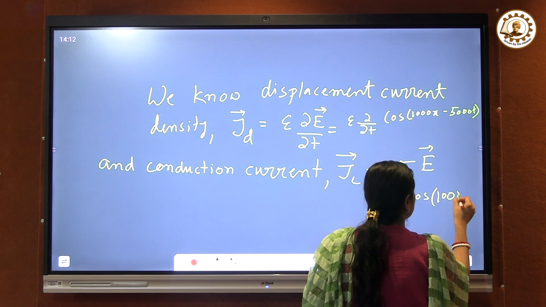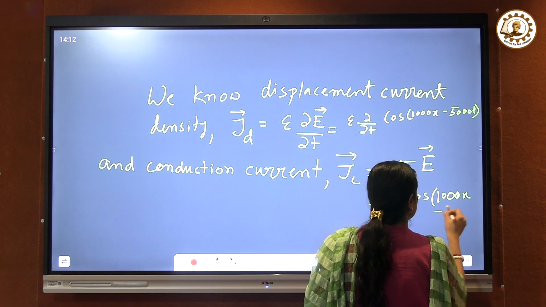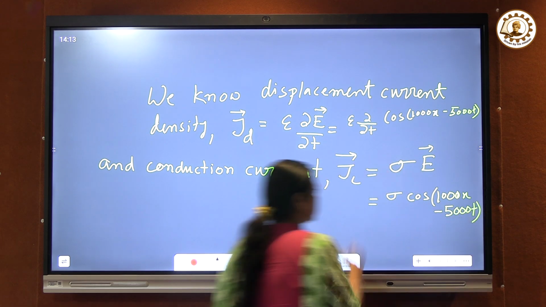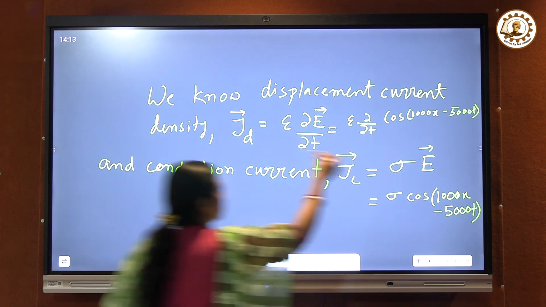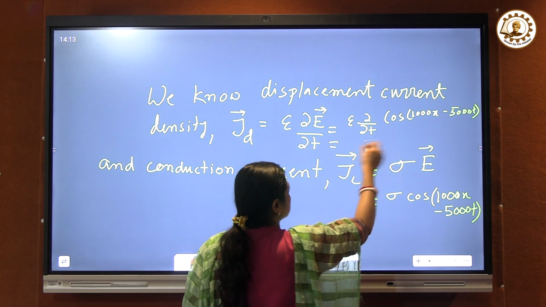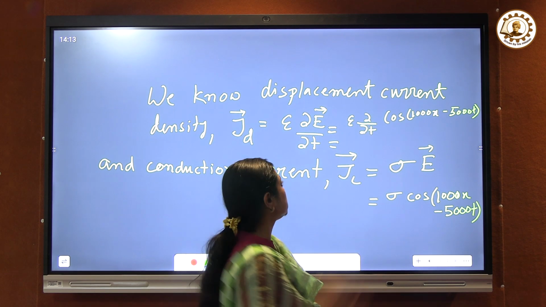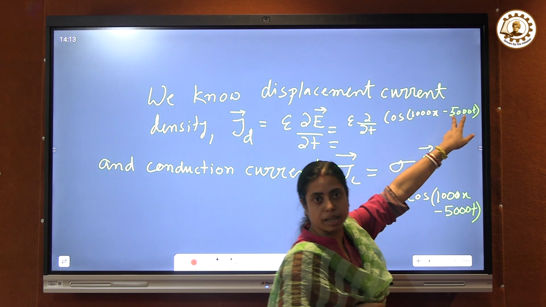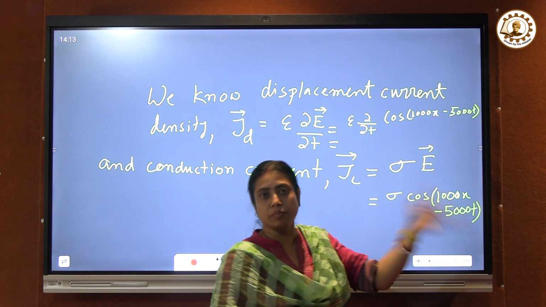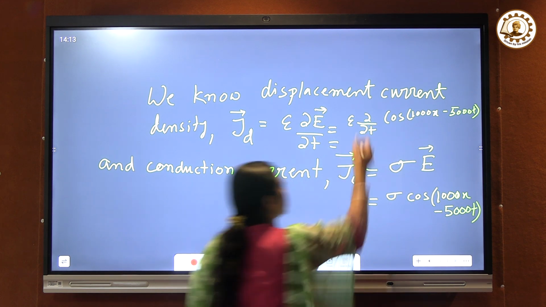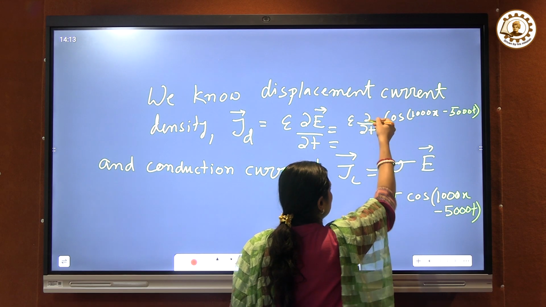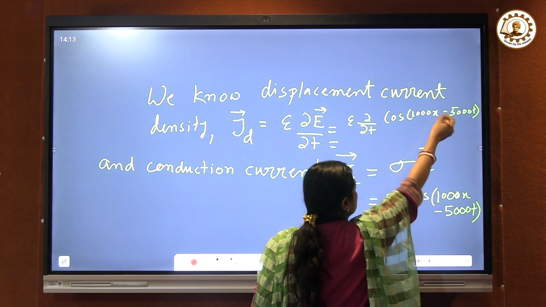So I will just do the differentiation a little bit. Cos of x will become minus sin x, and because it already has a minus, both minus signs will become plus. So if I take the partial derivative with respect to t, here it is a minus.